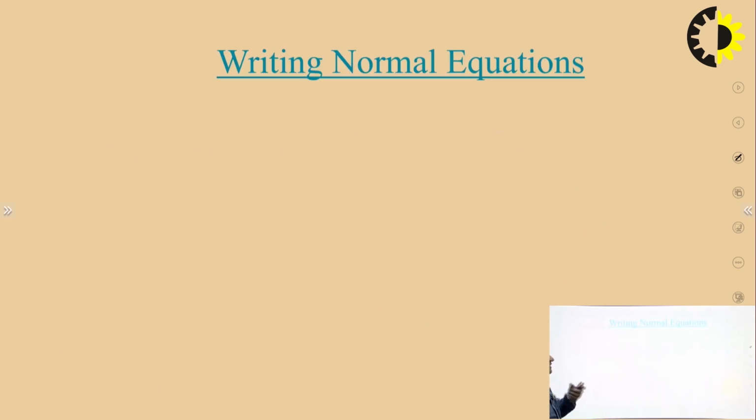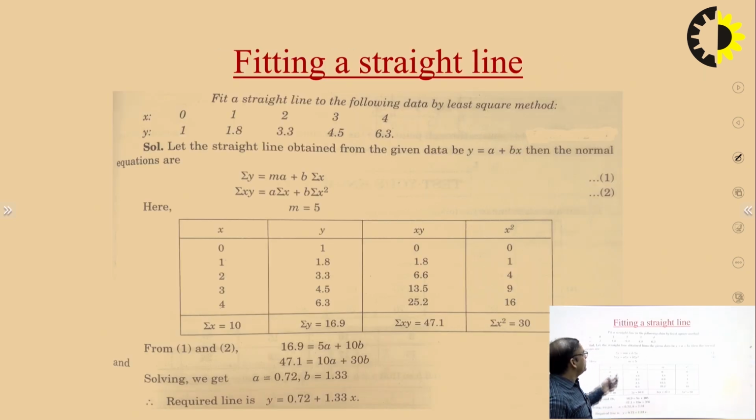Then, writing the normal equations for the given curves. First of all, let us take the first curve. For example, we are going to fit a straight line. If you want to fit a straight line, how can we write the normal equations? We are taking this procedure just in the applied case, because we are not going so deep into the procedure.